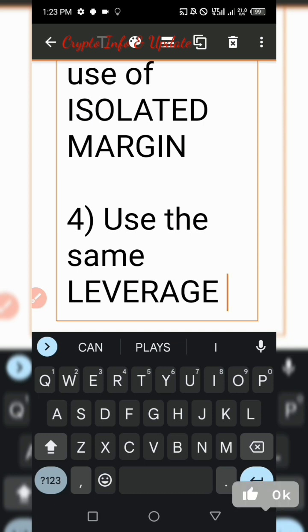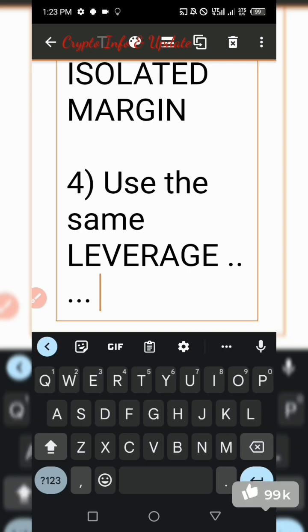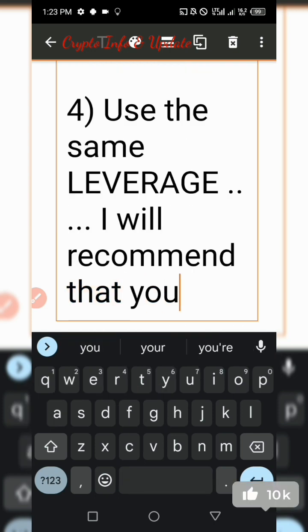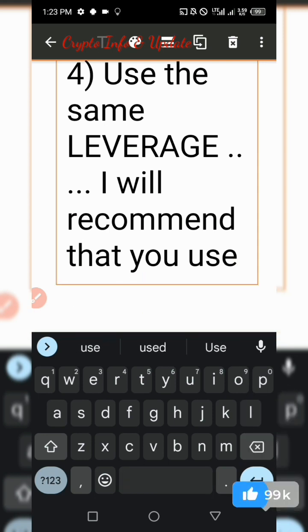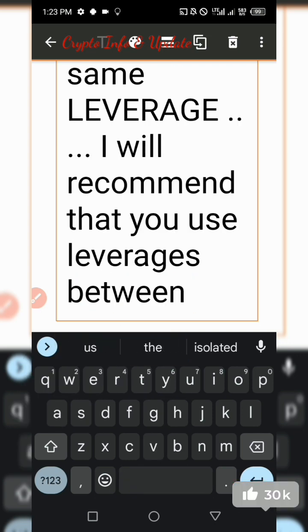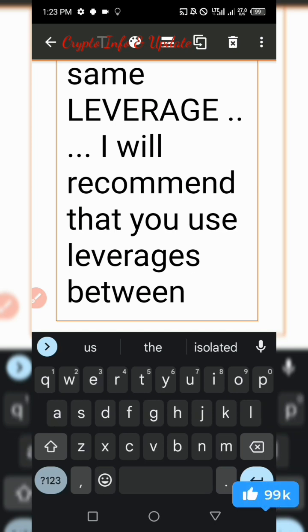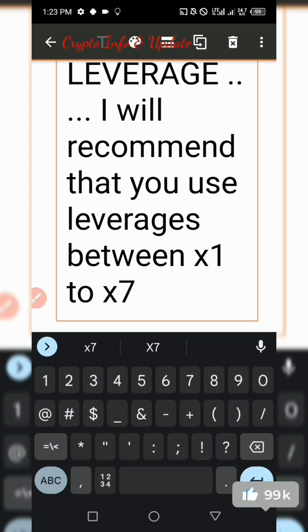And I will recommend that you use leverages between 1, pardon me, use leverages between 1 to 7. Don't use higher leverage. All right. In fact, your maximum should be 7.